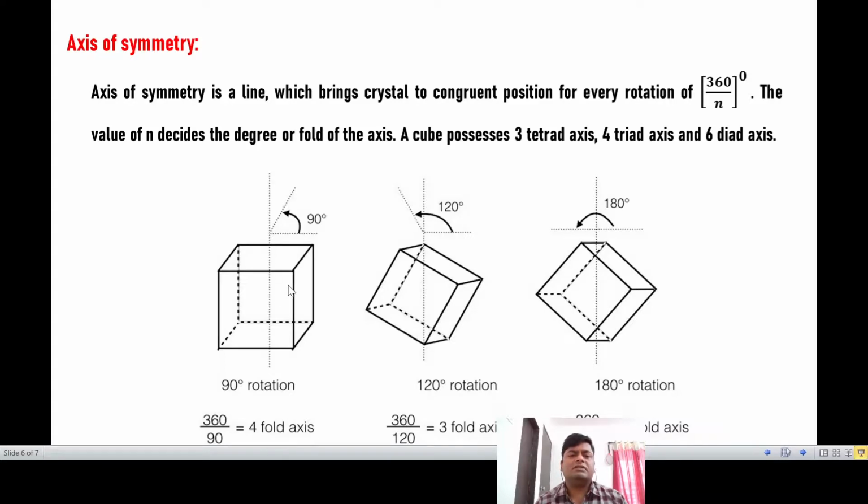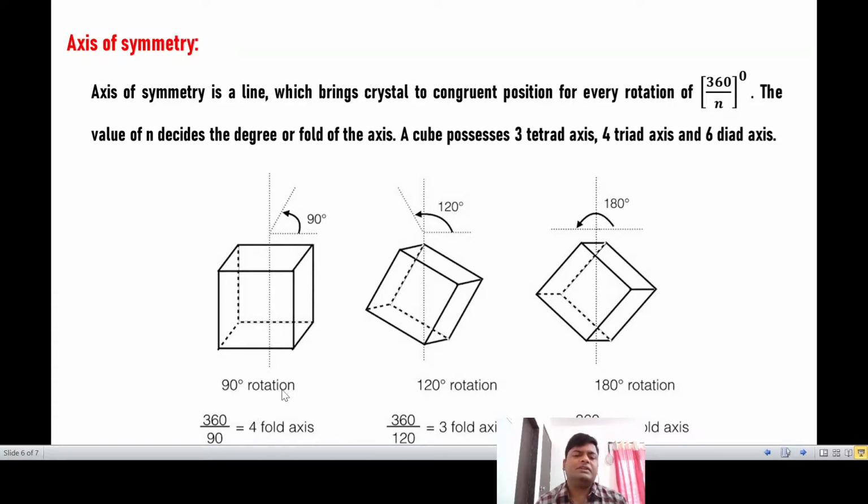The cubic crystal system has totally six faces. The tetrad axis passes through the center of the face points, so we have three axes for the six faces.